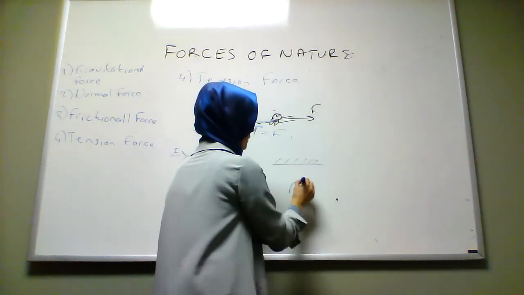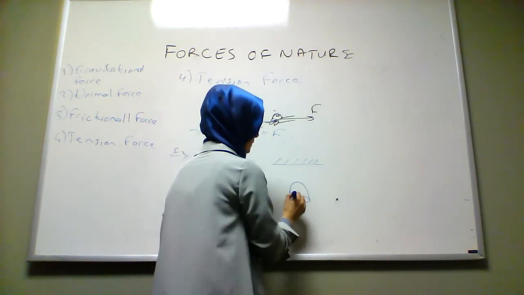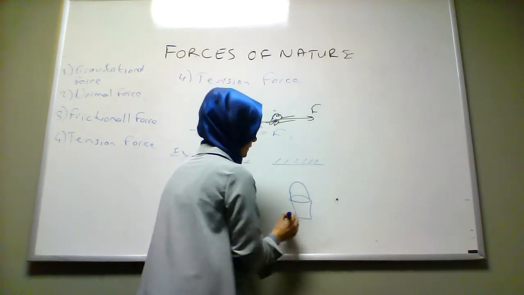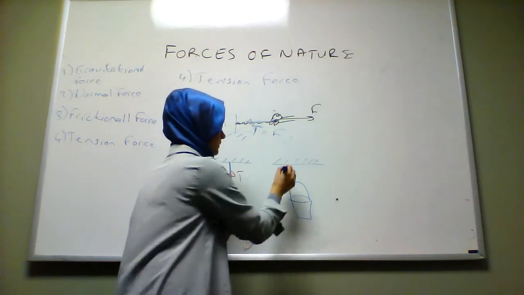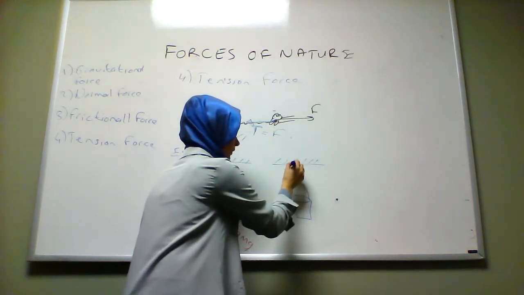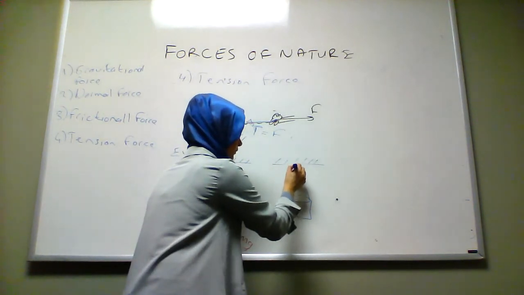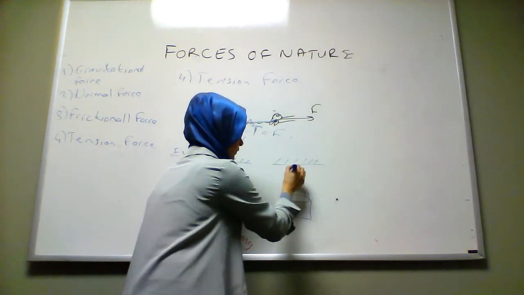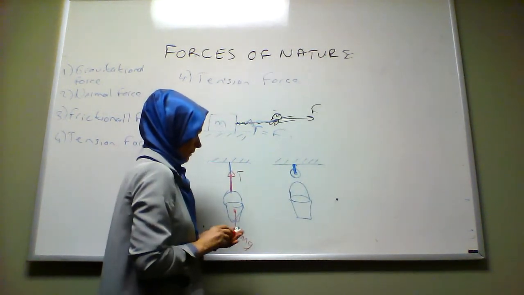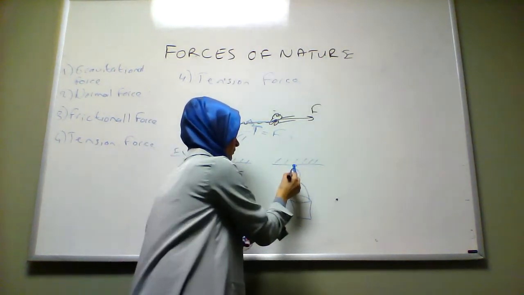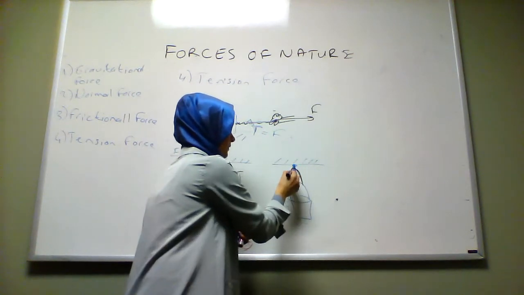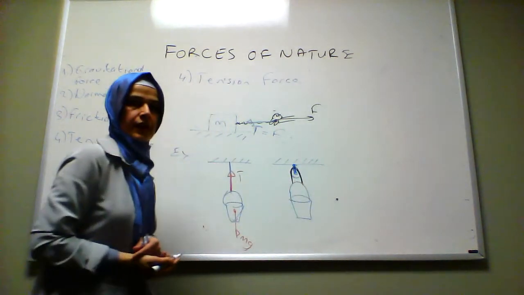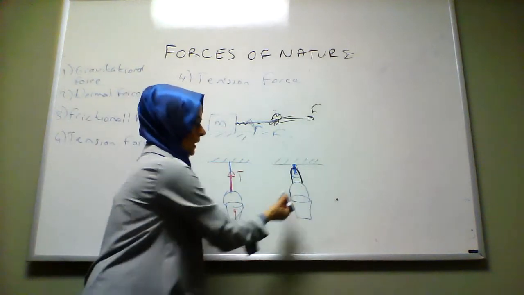If I hang this object with two ropes, let me see if I can draw something like that. Let's say I have a pulley in here. We'll be doing detailed questions about pulleys and so on, so don't worry right now, this is just to show you. And I put a rope, in this case, two sides.